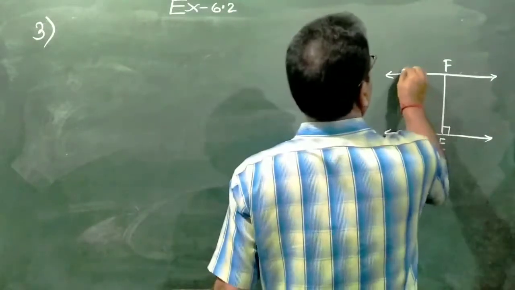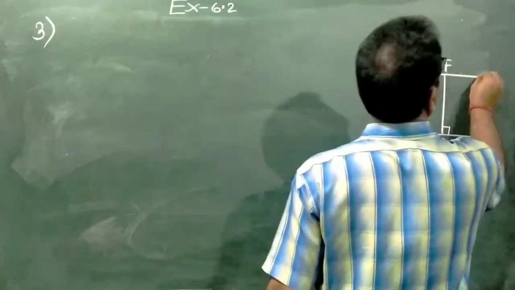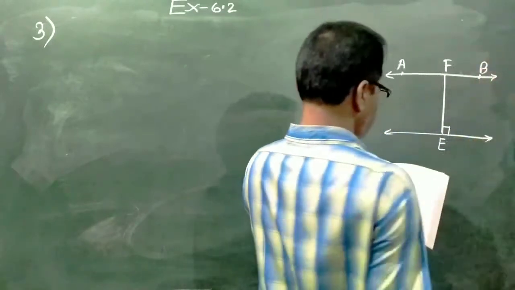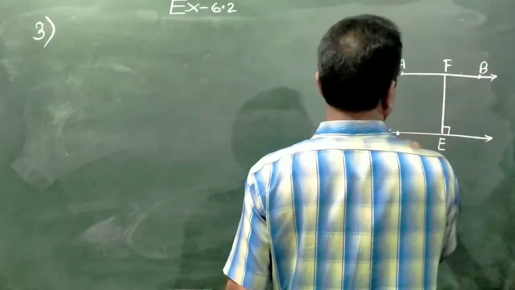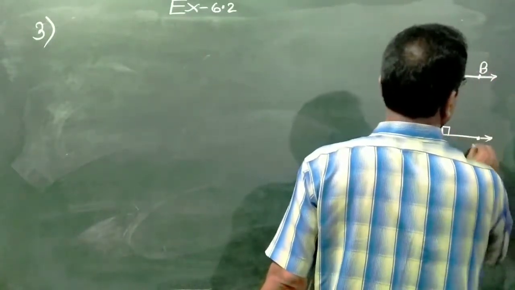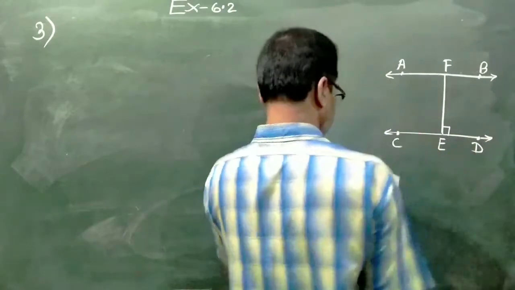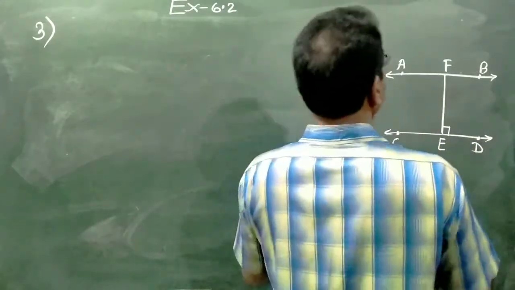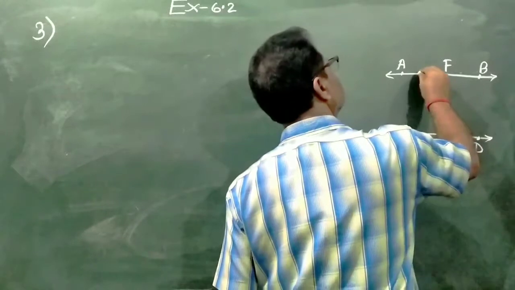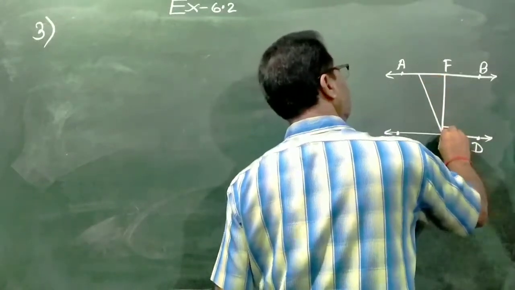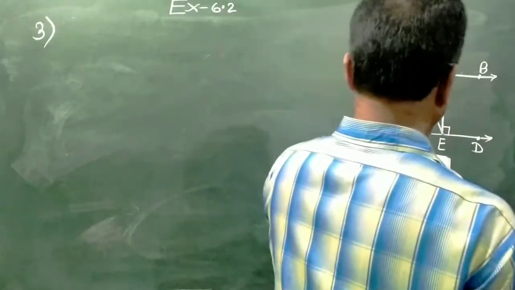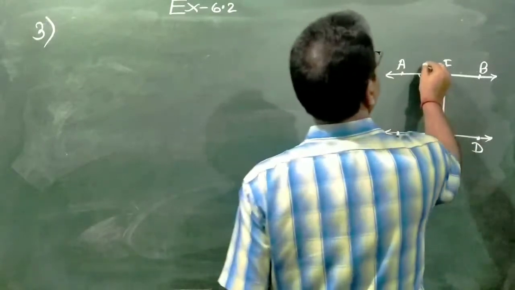This is the line AB and this is CD. Joining EG.